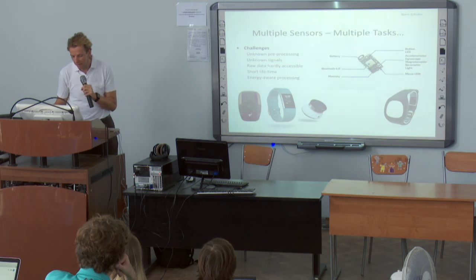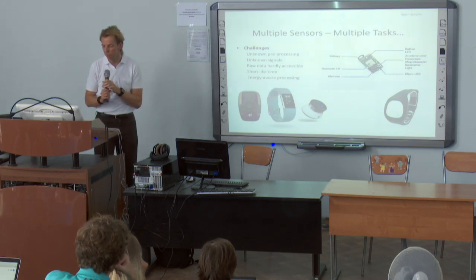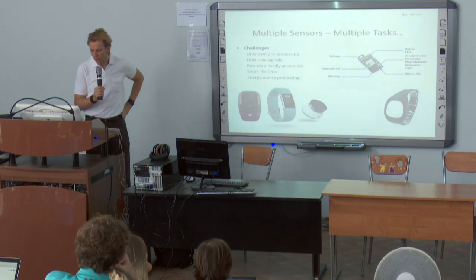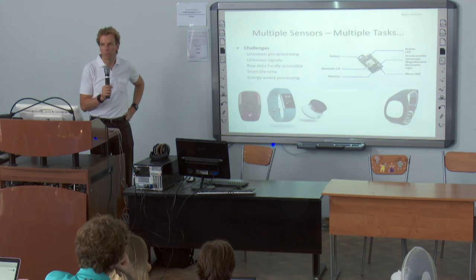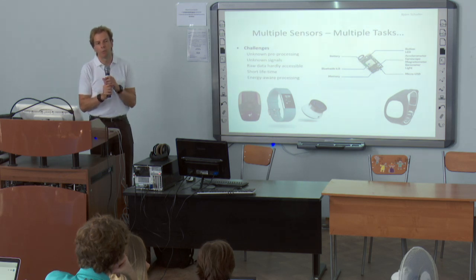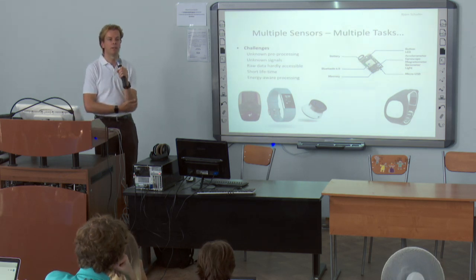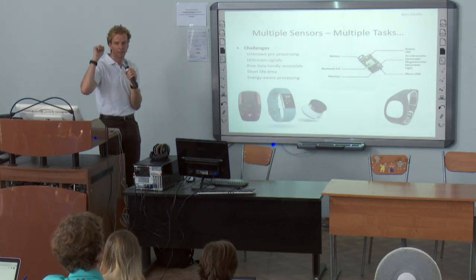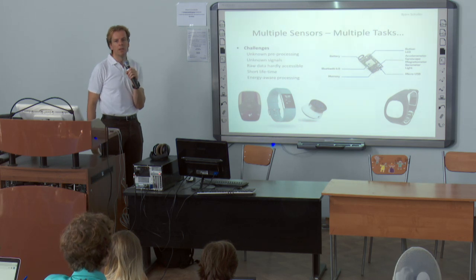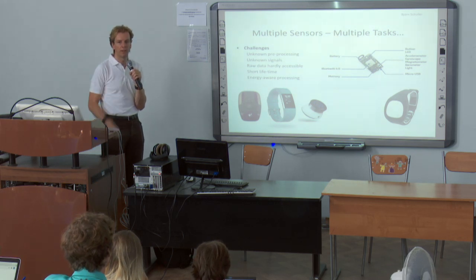So multiple sensors, multiple tasks to be solved with those. You could of course pick many different modalities and sensors. I chose just one example to illustrate the kind of problems you're having there these days. In what I'm doing in Augsburg, we're doing sensor fusion for healthcare in real life, so in an everyday setting with your smartwatch or something, you're fusing information to monitor health state.